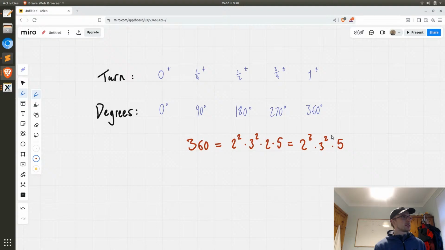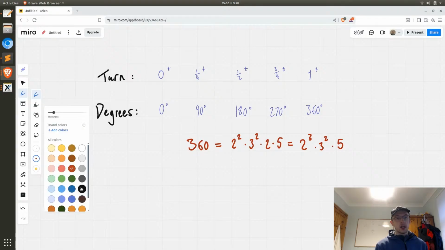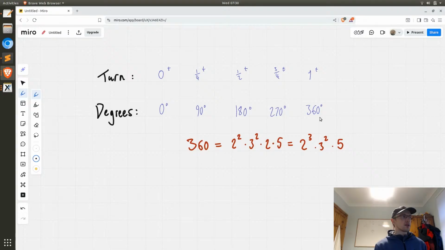Not 17 either. 19? No. 23? No. 29. So I think 359 is a prime. Don't quote me on that though. Okay, so for 360 degrees, the number 360 is justified, and we know what it means.